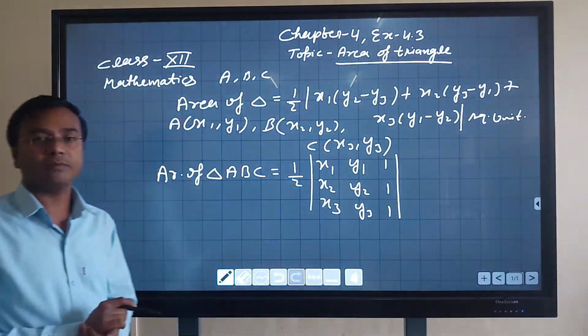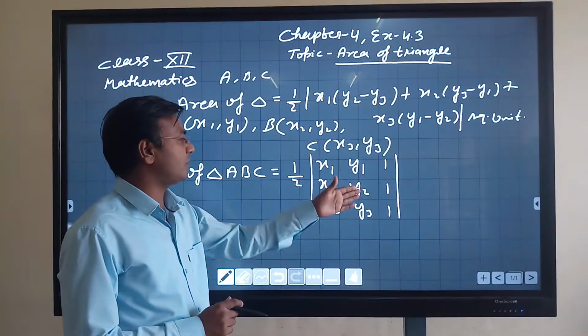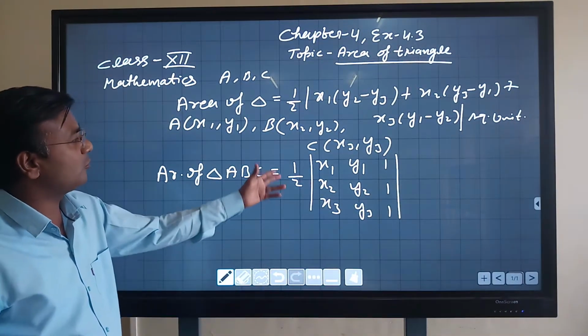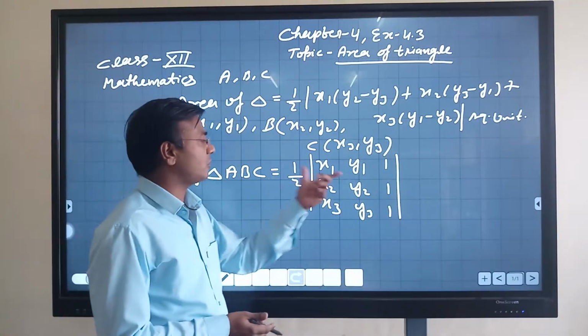So this is the formula where x1, x2, x3, y1, y2, y3 are the abscissa and the ordinates of the given points, and 1 by 2 is also there as a multiple of this determinant.